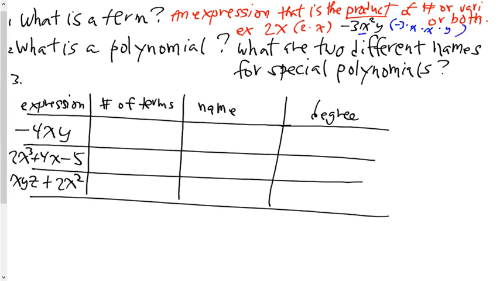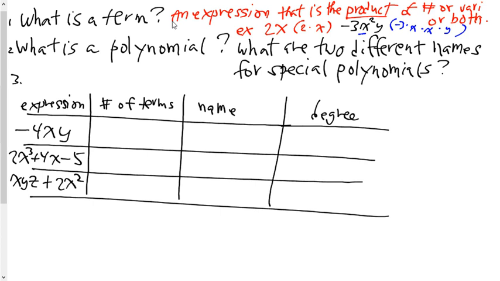So negative 3x squared y is one term because it is the product of numbers or variables or both, in this case both. Negative 3 being your coefficient, x squared y being your variables. So a term is just that, an expression that is the product of numbers or variables or both.